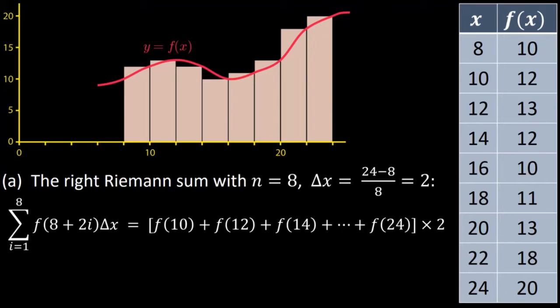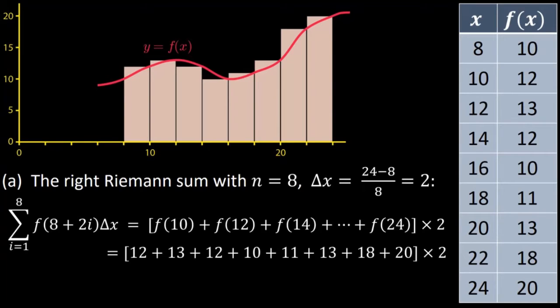It's just there for your practice. I have entered the function values taken straight from the second column of my table, and the rest is simple calculator arithmetic. The total area of the rectangles is 218. This is our right Riemann sum with n equals 8.